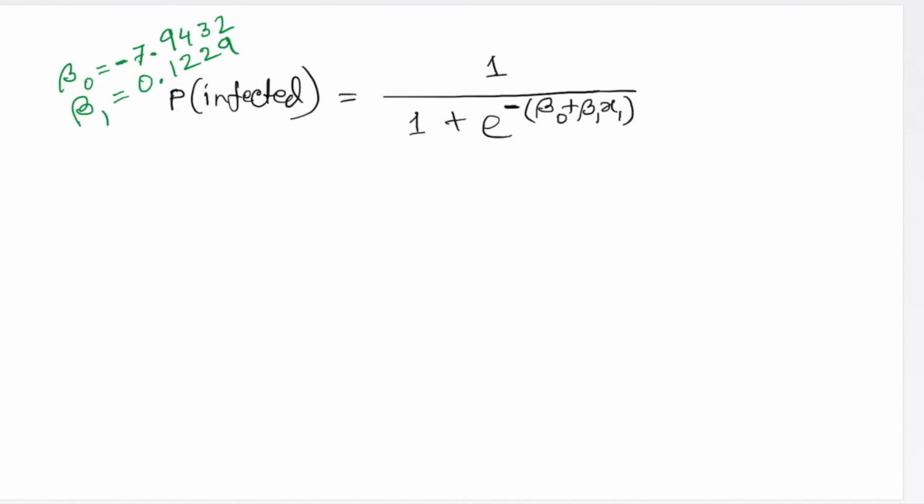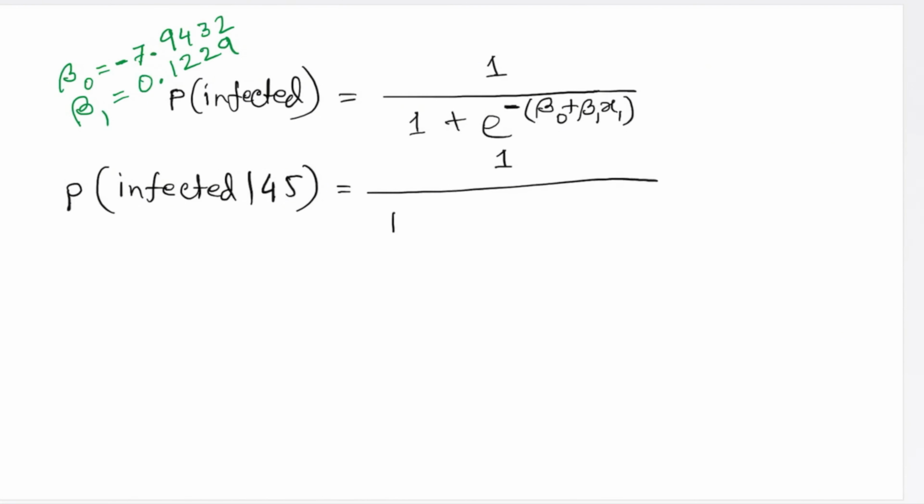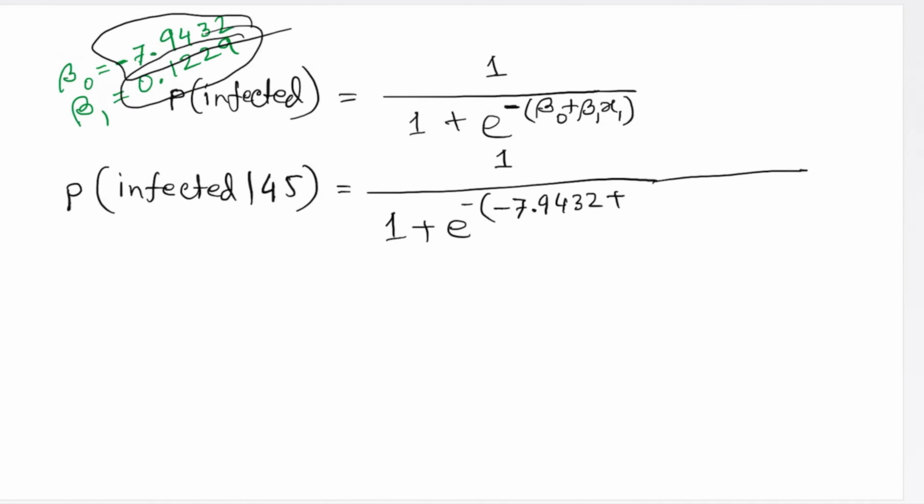For example, what is the probability that a person is infected given the sample has 45 factors? Basically, the equation would be 1 divided by 1 plus e to the power minus (beta naught, which we already know, which is negative 7.9432, plus beta 1, which we already know, 0.1229 times x1). x1 here is 45.